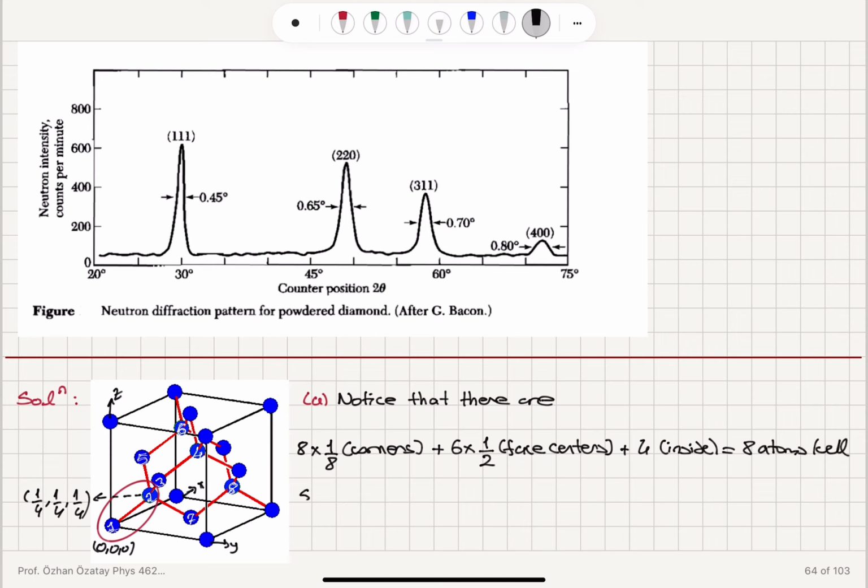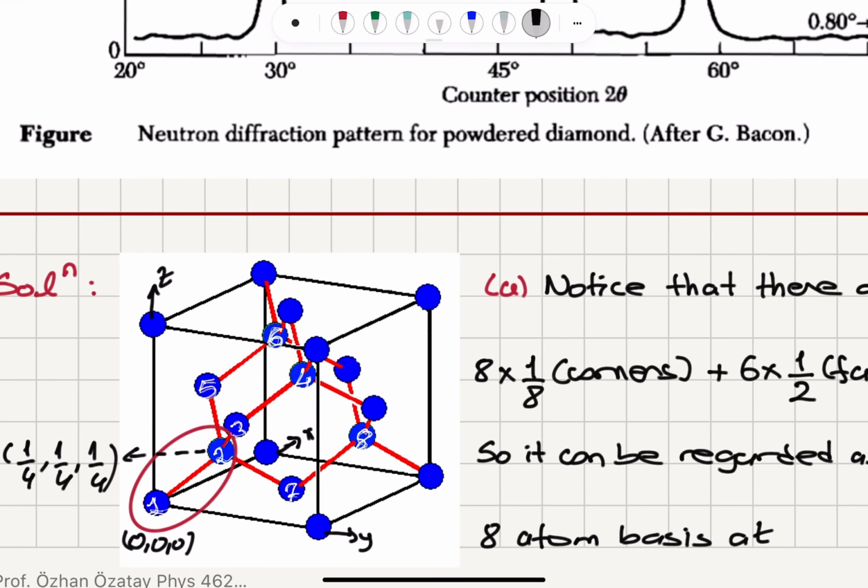So this tells us that it can be regarded as a simple cubic lattice with an 8-atom basis.